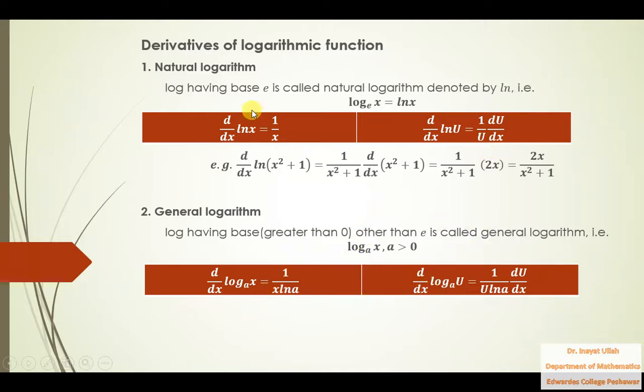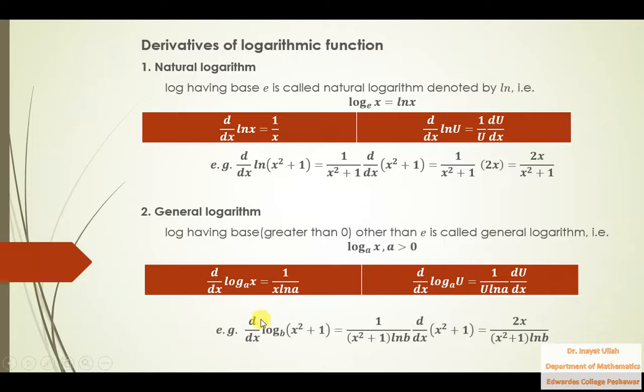So that is the main difference between these two formulas. Remember that in natural logarithm there is actually a natural log of e, because the base of natural log is e. But natural log of e is equal to 1, so that's why we do not write this term.